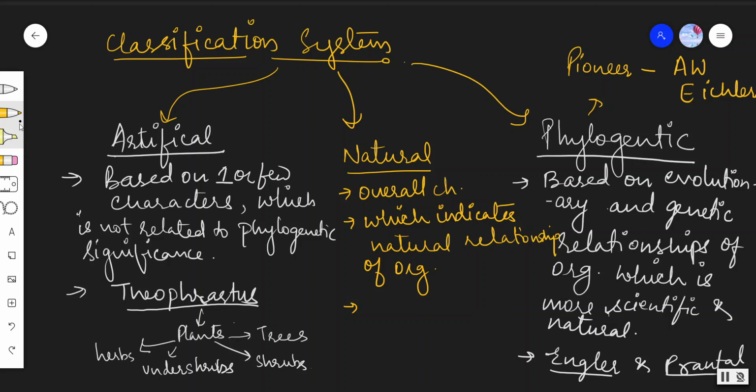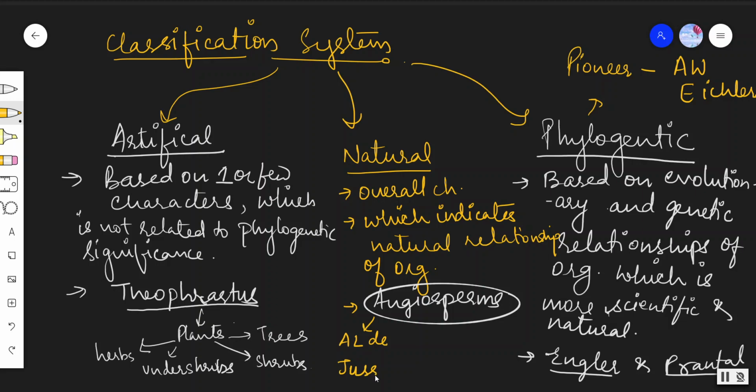Their names: number one was A.L. de Jussieu, second is George Bentham, and the third one is J.D. Hooker.